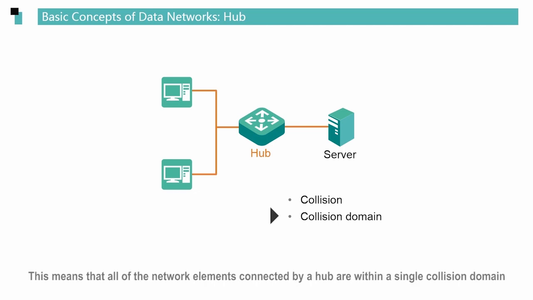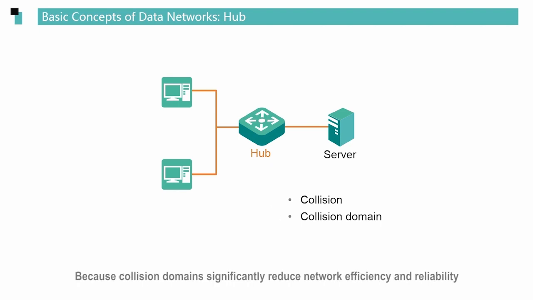This means that all of the network elements connected by a hub are within a single collision domain. Only one network element in each collision domain can use bandwidth to send data at any one time. Because collision domains significantly reduce network efficiency and reliability, preventative measures are needed.